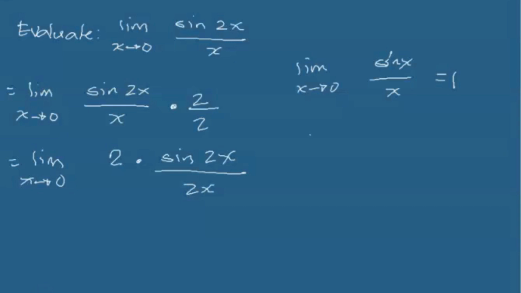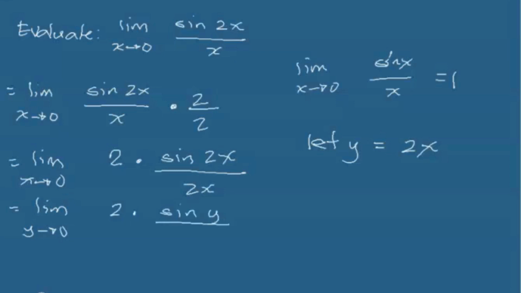So what we can do is represent this 2x with a single variable. Let y equal 2x. So we can change this also to y approaches 0. So what we will have is 2 times sine y over y. All right, so sine y over y, the limit, we know that this is equal to 1.